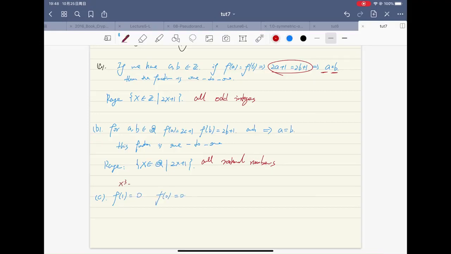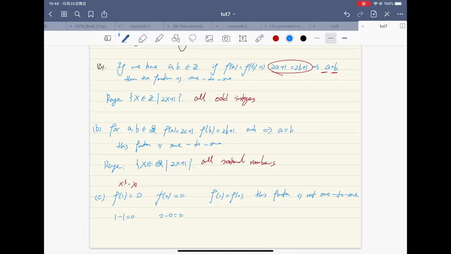We have x cubed minus x. So f(1) is 1 minus 1 equals 0. f(0) is 0 minus 0, which is 0. So we have f(1) equals f(0). So this function is not one-to-one.